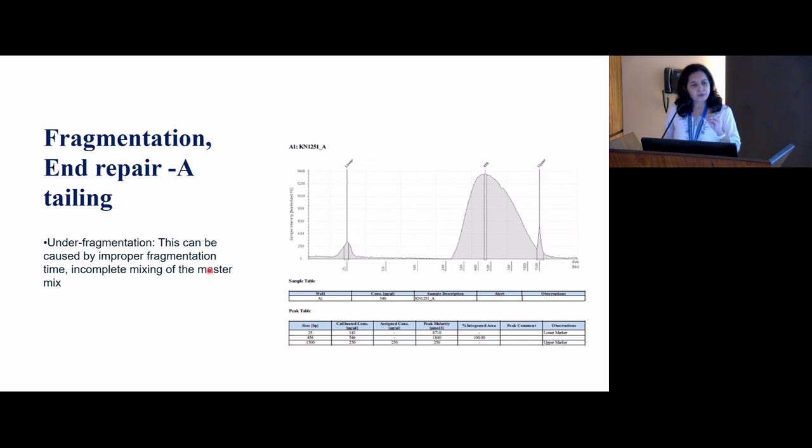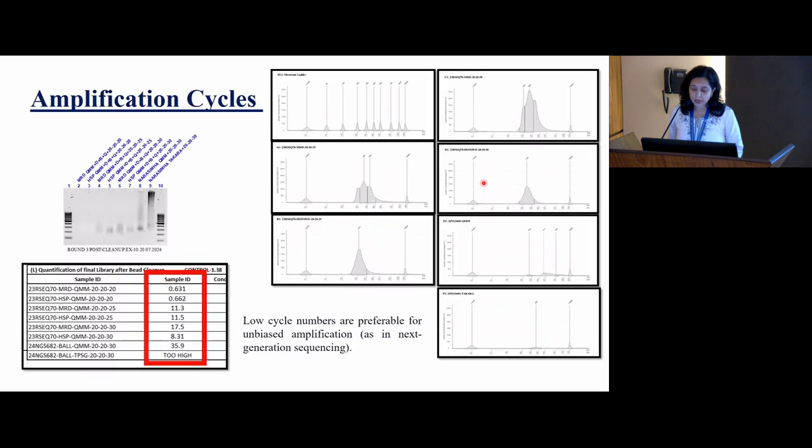So we have to do a number of standardizations with different temperatures. Only then do we come to know at which temperature we are getting our fragment of interest or not. Here you can see my interest is around 300 base pair, but I am getting a peak at 456. So this fragmentation is not proper, which means I have to try other temperature variations, and only then will I be able to get the results I want.